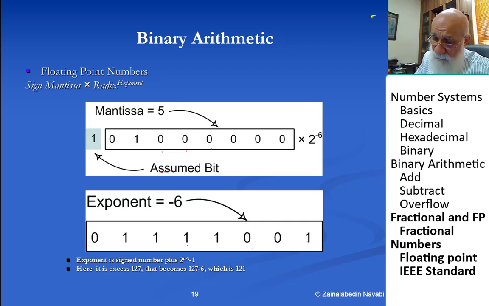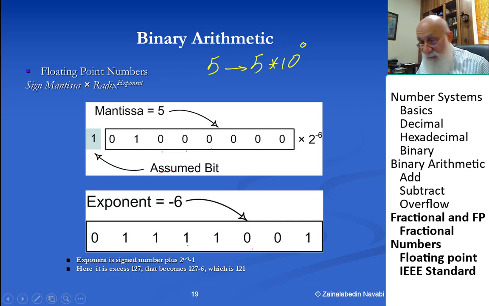The example I'm using here, let's say that you have the number 5. Okay, number 5 can be represented as 5 times 10 to 0. So 5 is the mantissa, 10 is the base, but here we are not going to be doing base 10, we're going to be doing base 2.